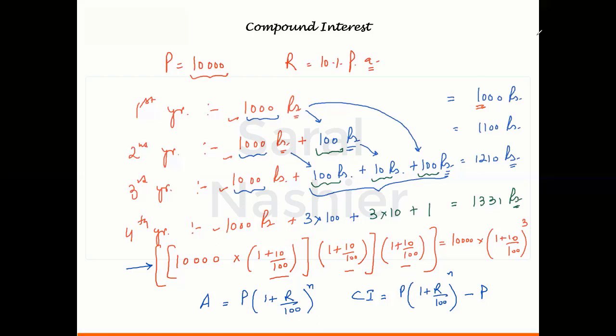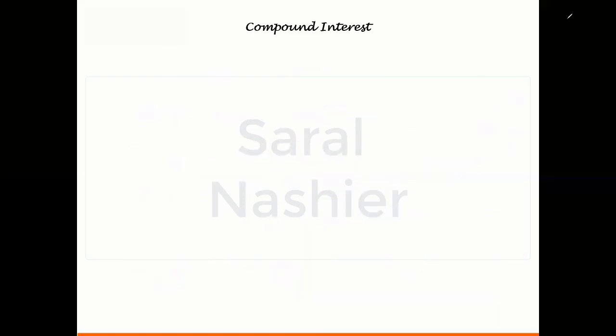So I'll talk about another aspect of compound interest now. You must have heard that the interest is compounded semi-annually, or sometimes they say quarterly. It can be monthly, it can be daily. I mean, basically the time period has been changed.